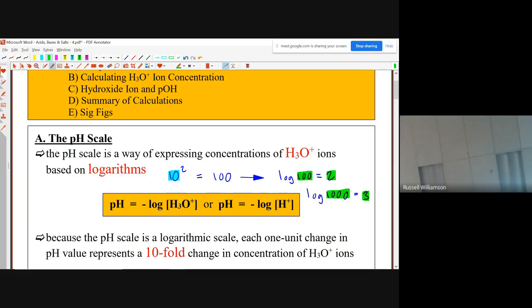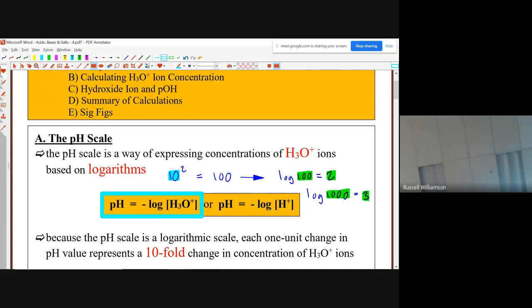pH scale is a way of expressing concentrations of hydronium ions based on logarithms. So this is what we're going to use to do these calculations here. We're going to take the negative log of the hydronium concentration. Now, because the pH scale is a logarithmic scale, each 1 unit change in pH value represents a 10-fold change in the concentration of hydronium ions.